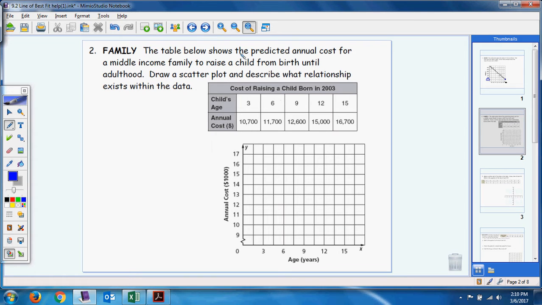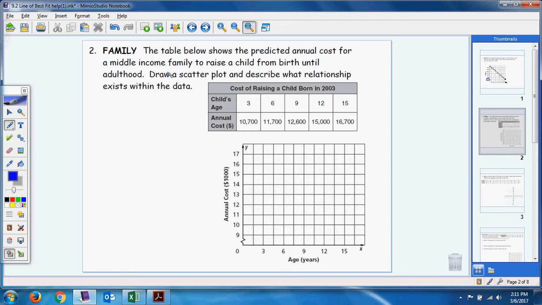The table below shows the predicted annual cost for a middle-income family to raise a child from birth until adulthood. Draw a scatter plot and describe what relationship exists within the data. So go ahead and see if you can plot that information there for me.